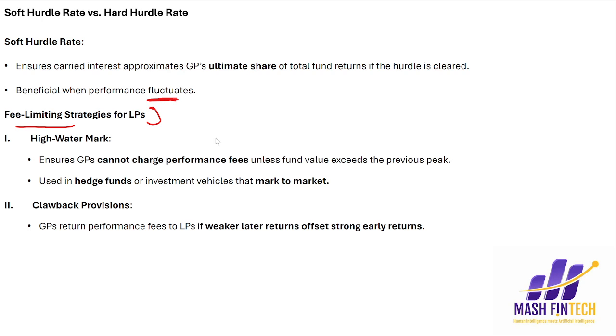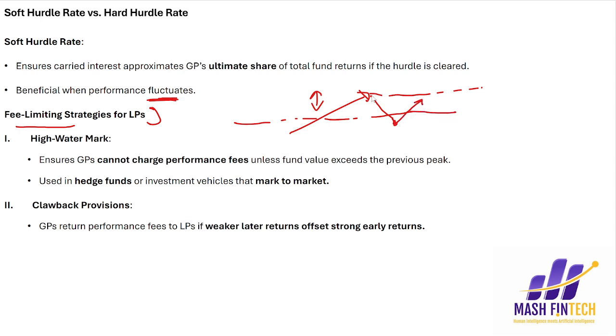Okay, so if the value of the fund goes up, they earn a certain amount. Let's say the fund is here, and then it goes here. So they are going to earn a profit, this amount as profit. If the fund then decreases, it goes down beyond this, and then it starts to recover again to this.